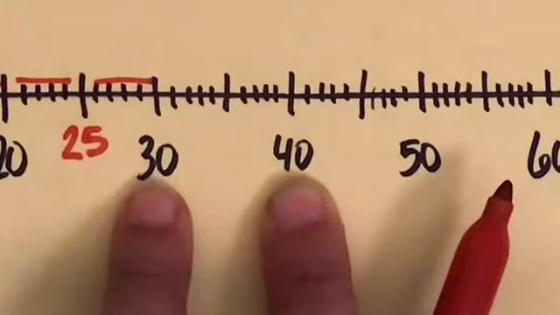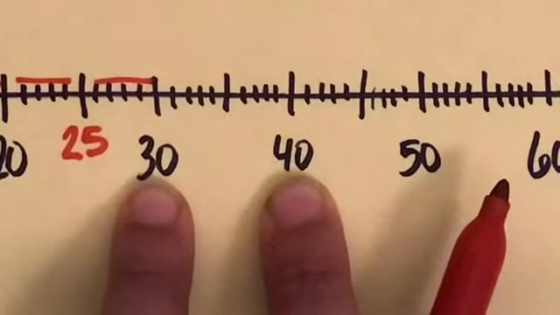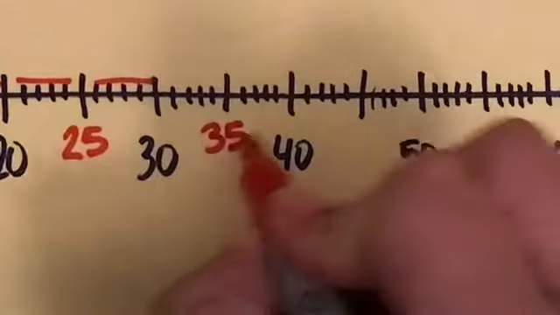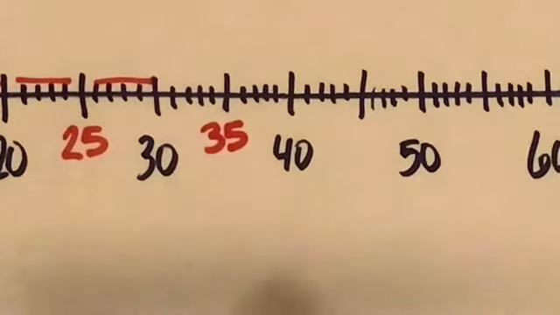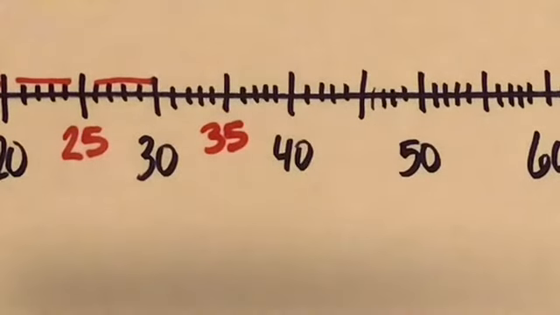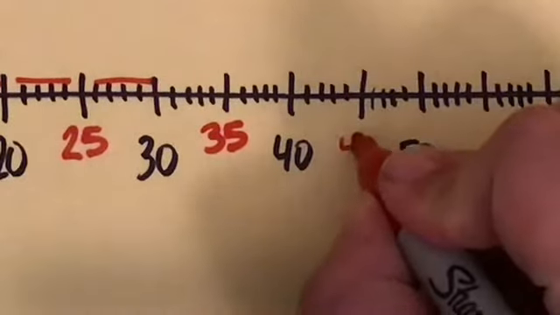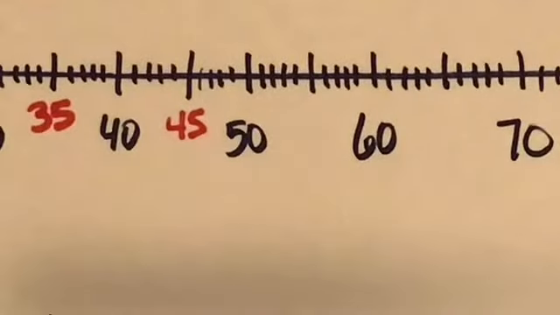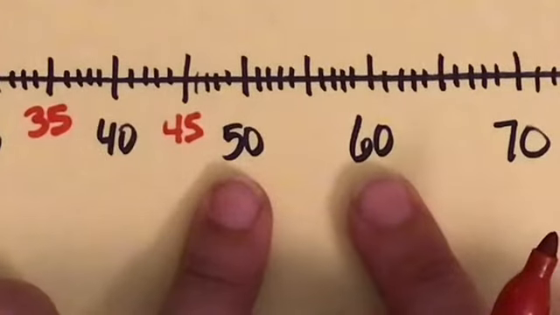What's halfway between 30 and 40? Write it down now. The answer is 35. What's halfway between 40 and 50? Write it down now. You should have put 45. What's halfway between 50 and 60? Write it down now.